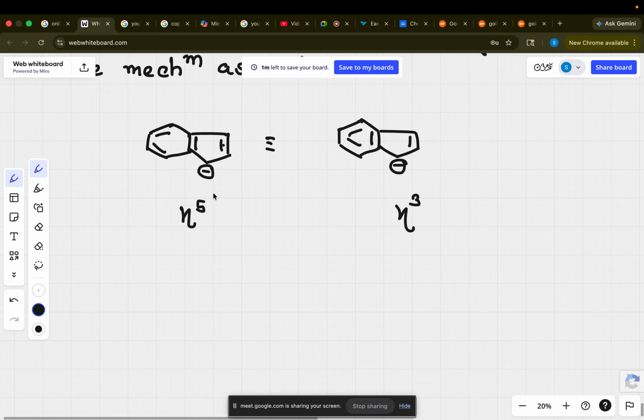This one is more stable. What is the reason? Because it's aromatic. In eta 5, this 5-membered ring is aromatic, that is correct. But here you have this benzene ring, that is also aromatic.